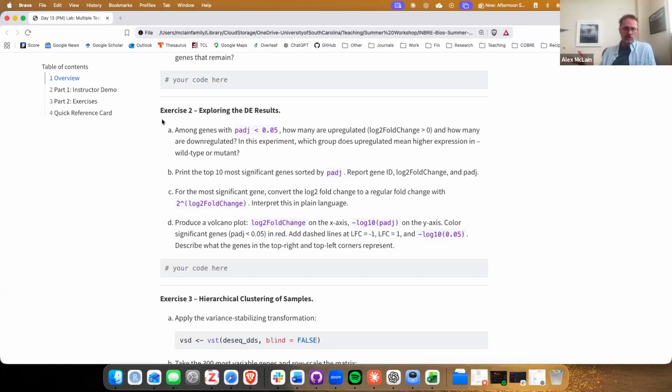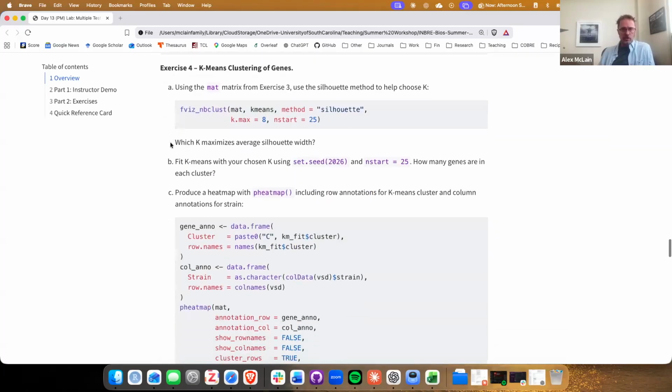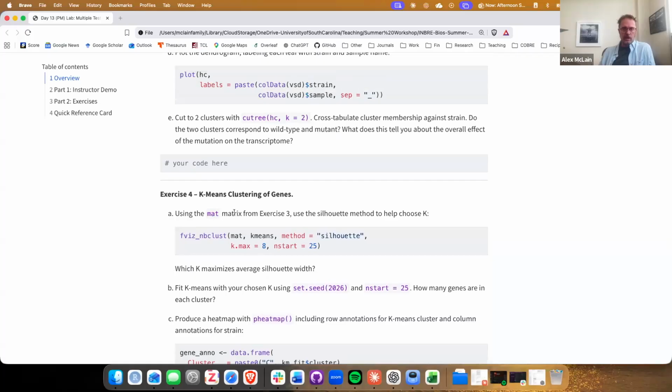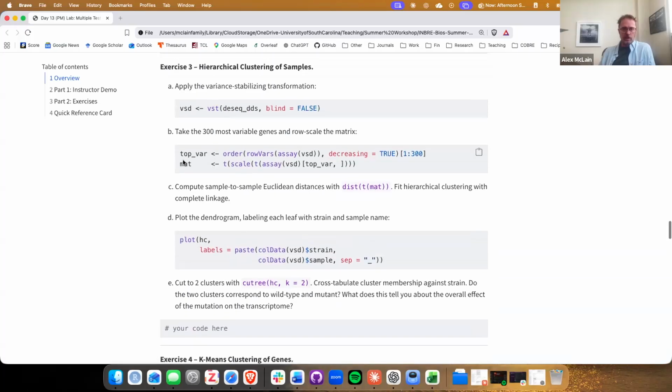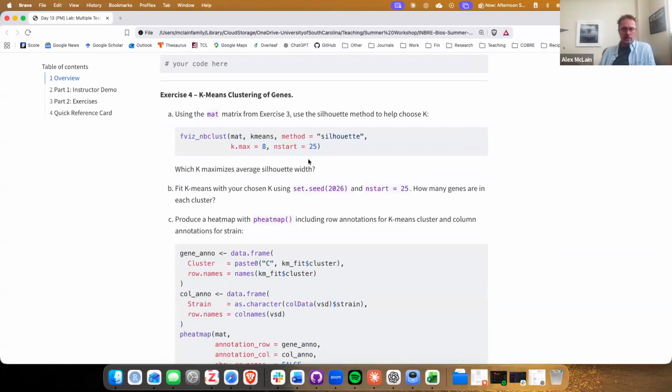Exercise 2 is just looking at the results from this experiment, more similar to what we did yesterday. And then exercise 4, where you're going to use this mat object. So look at exercise 3 for how this mat object is created. You're going to do some k-means clustering.